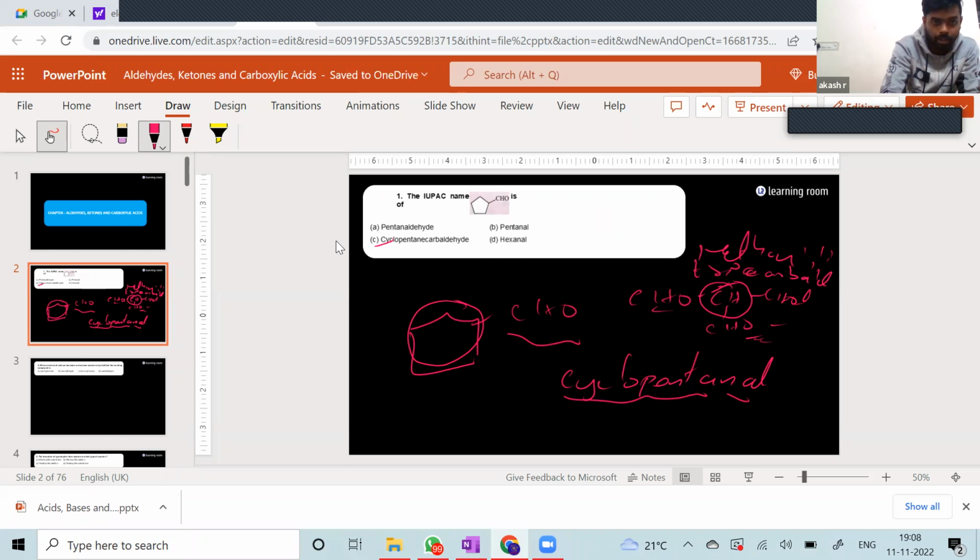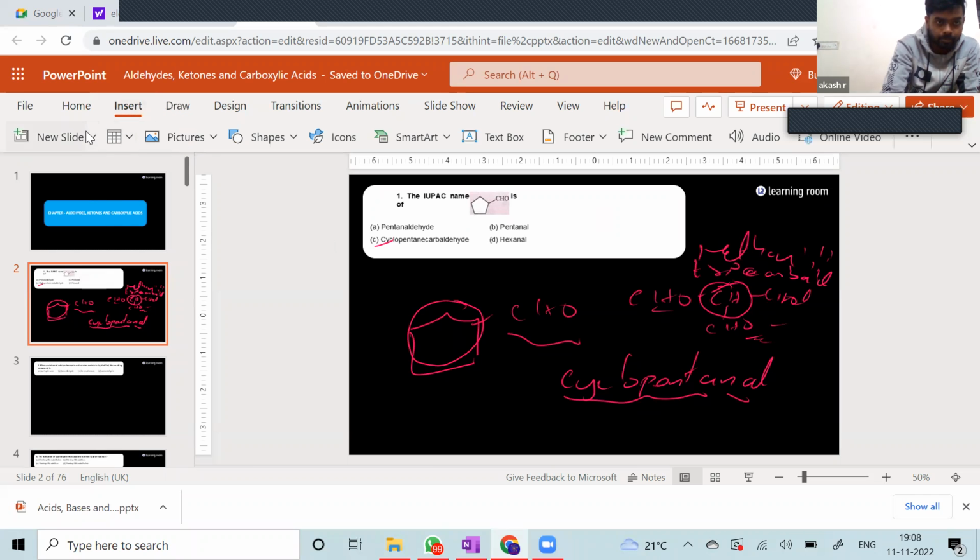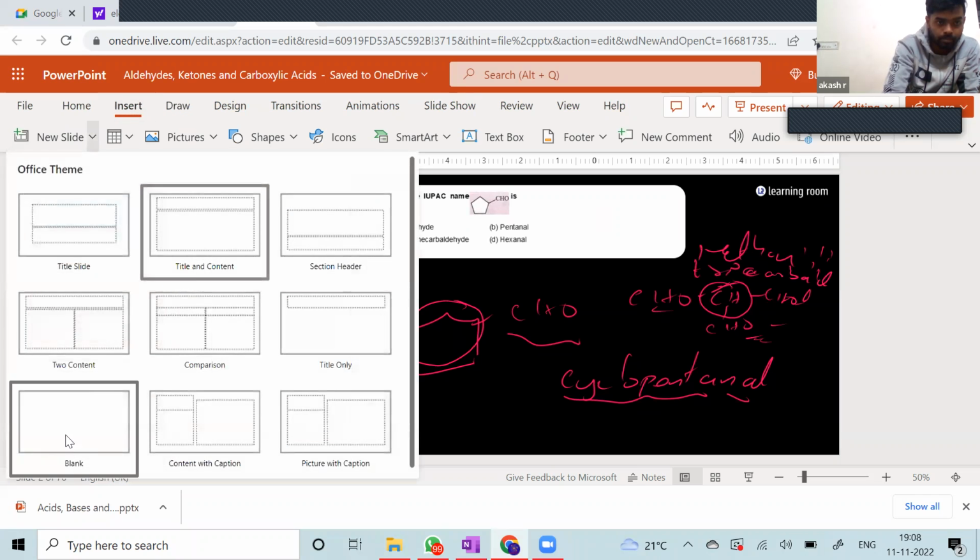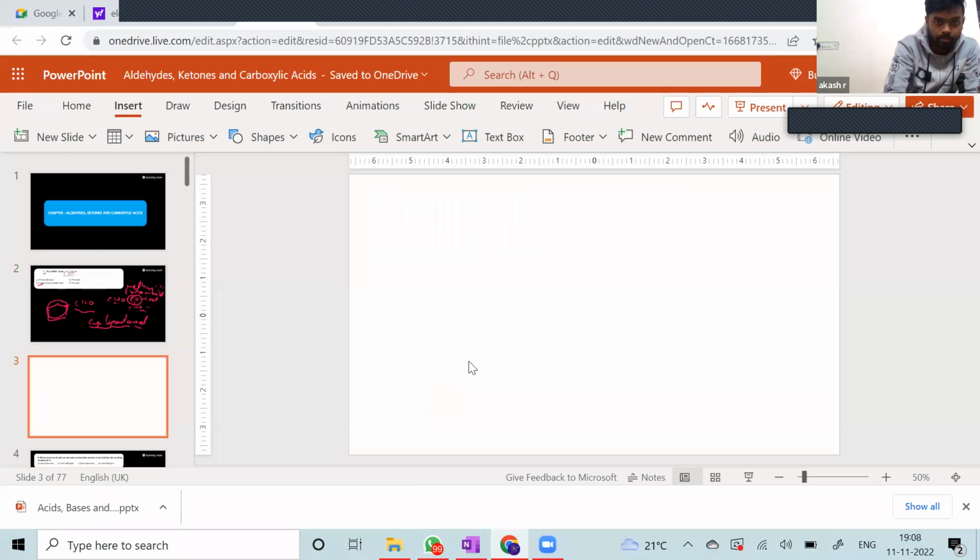Okay, I'll just do it in a fresh page. Say for example, if I have CHO, CHO, and another CHO. Now, what you understand is you cannot include all of them in the main chain, so you don't include any of them.